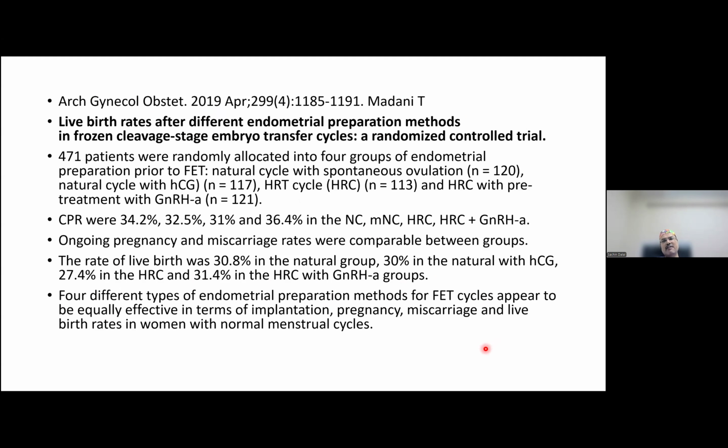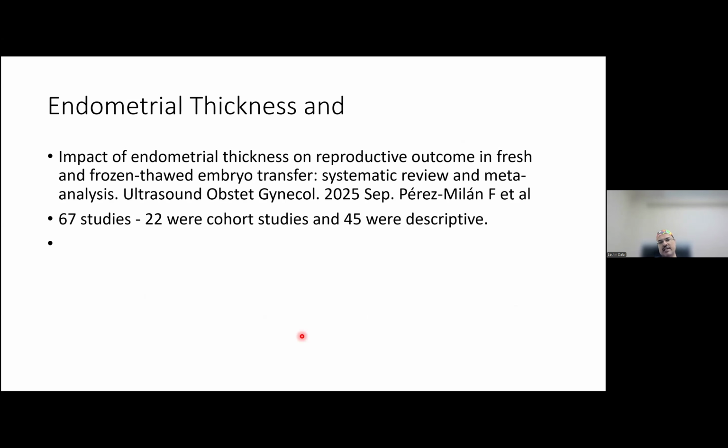Looking at the live birth rate comparison between all the groups, that is natural cycle, HRT cycle, and HRT cycle with GnRH agonist, and women with a natural cycle with spontaneous ovulation, clinical pregnancy rates were almost the same, and ongoing pregnancy rates were almost the same. So they suggested that they can do all types of cycles. But the recent data, we all know the safety of letrozole.